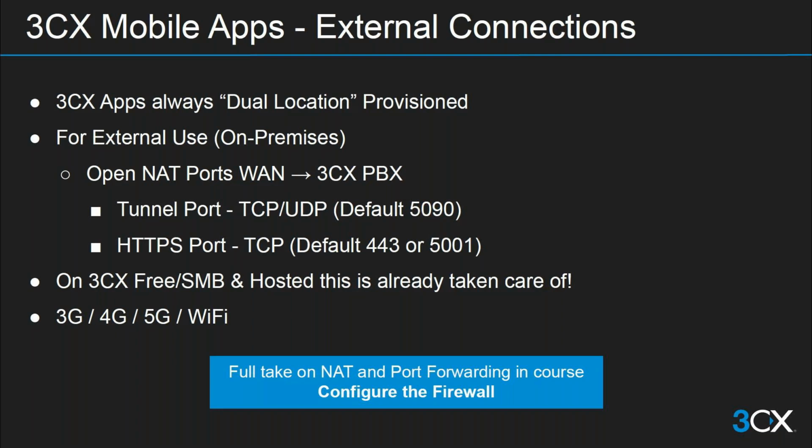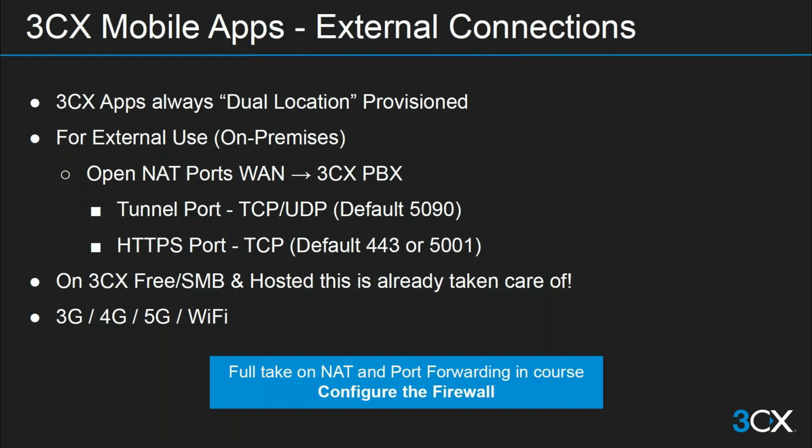Open the required NAT ports towards the 3.6 PBX. If that's for on-premise systems, we'll look at that in the advanced training when we come to the installation of an on-prem system.